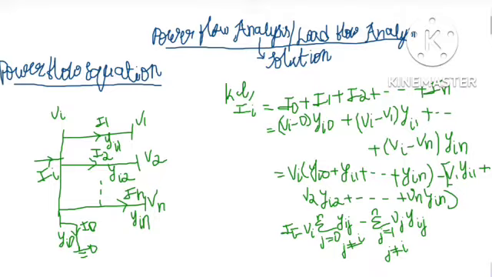Finally, the nth bus with voltage Vn, the current across it is In, and the admittance is Yin.